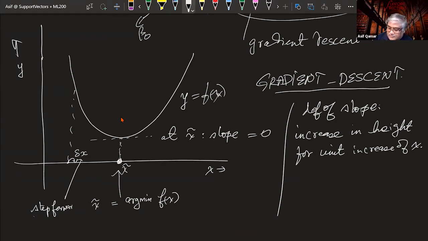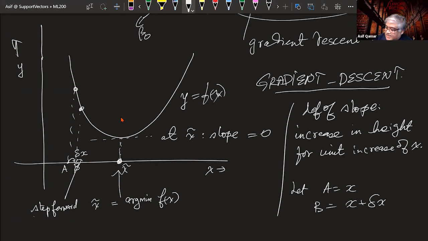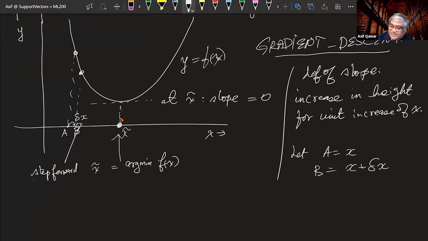So I would go from this point to this point. Have I increased or decreased in height? When I go from point A to B, it decreases. A is x and B is equal to x plus delta x, right? The height decreases. So you say that in the vicinity of x, the slope is negative.